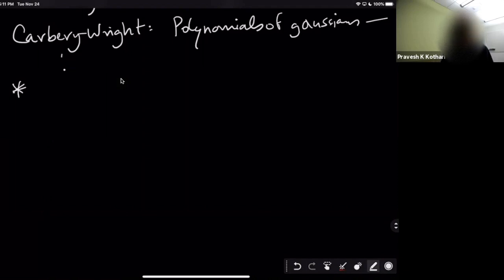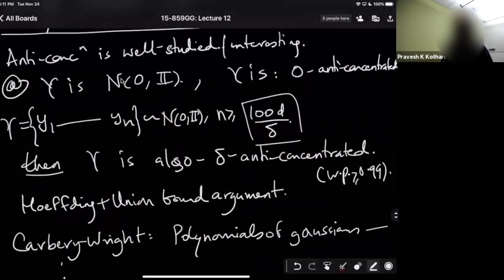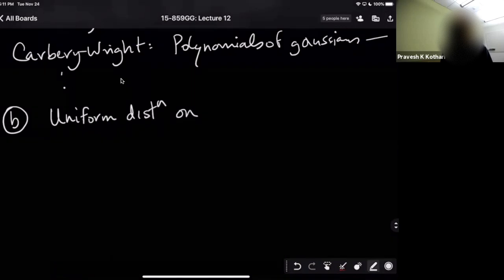So it's also good to see examples of distributions which do not satisfy this property. Okay, so here is a distribution. This is example one: the uniform distribution on the Boolean hypercube.